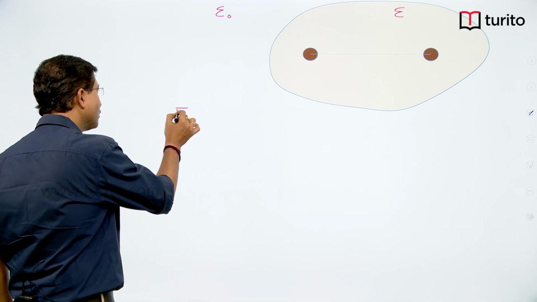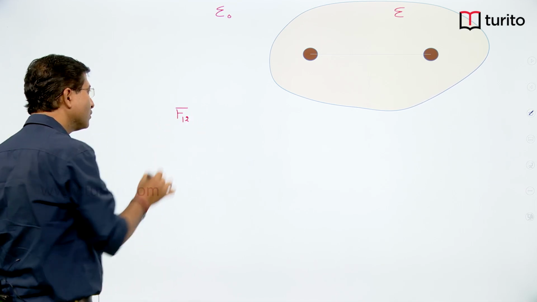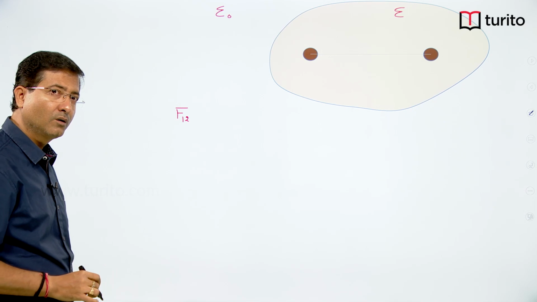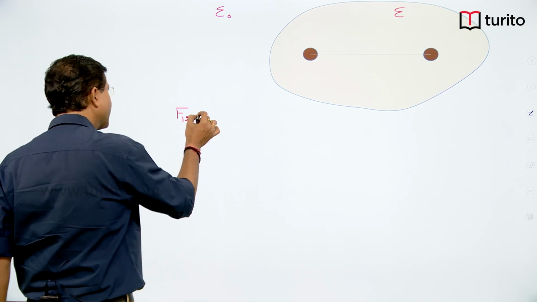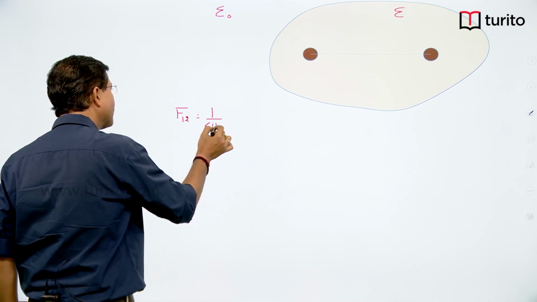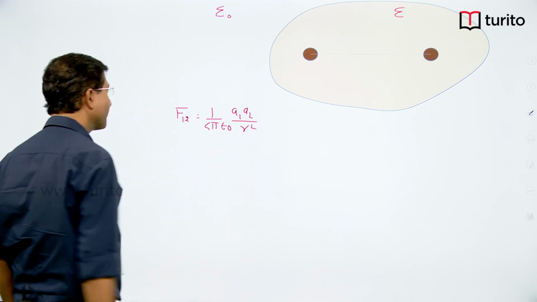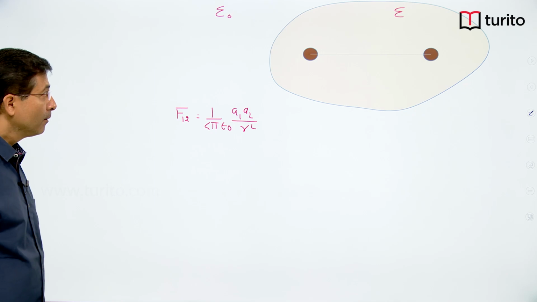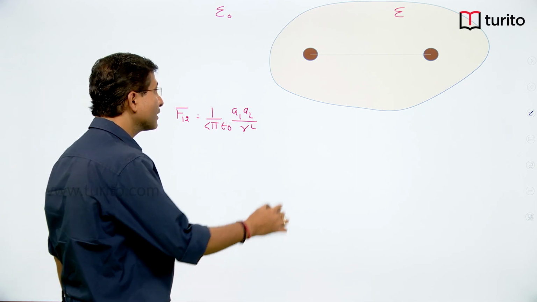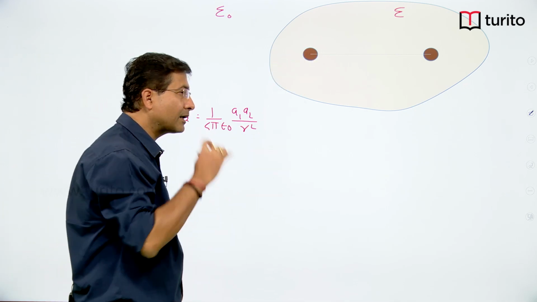So the force on 1 by 2, irrespective of the medium, is 1 upon 4 pi epsilon naught q1 q2 divided by r square. But if I ask what is the net force on this one, what happens?